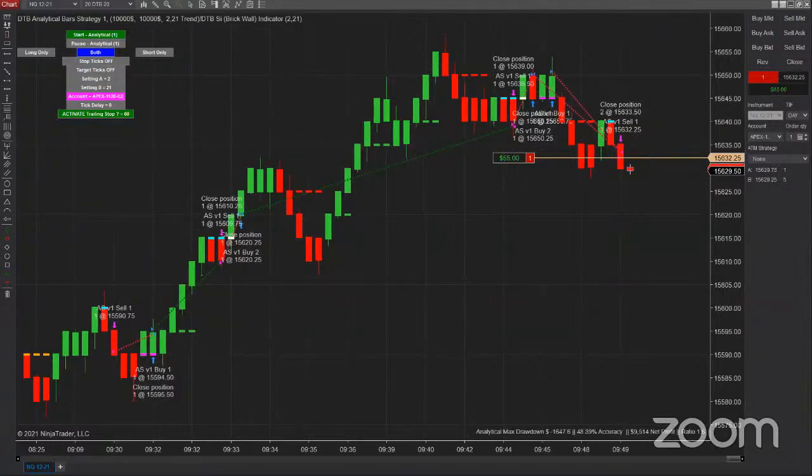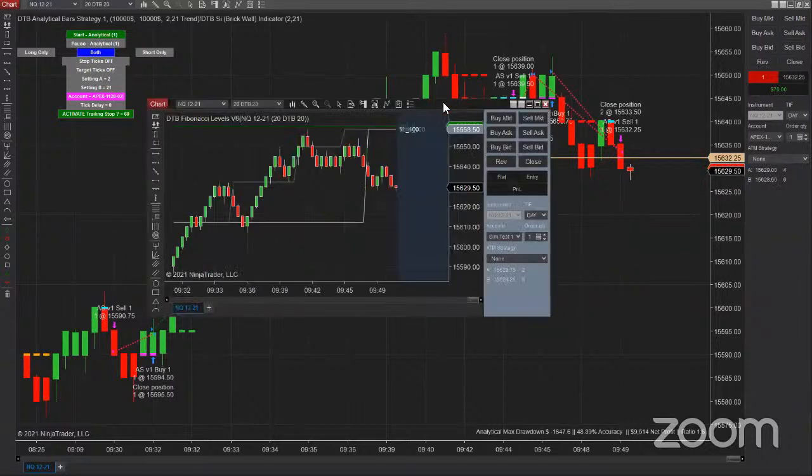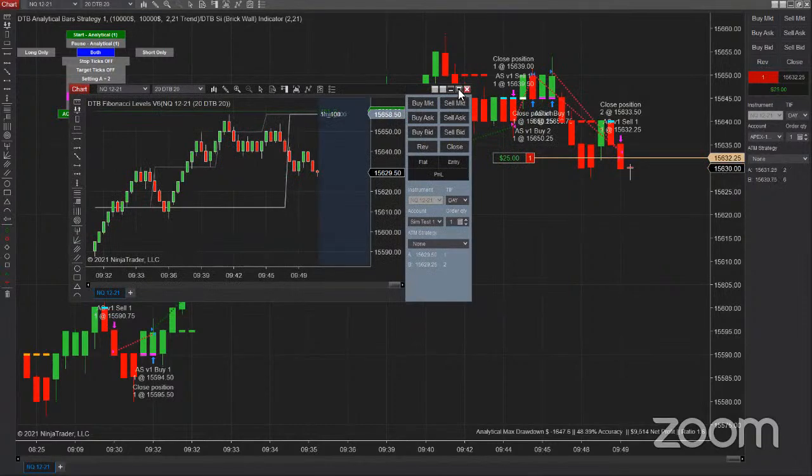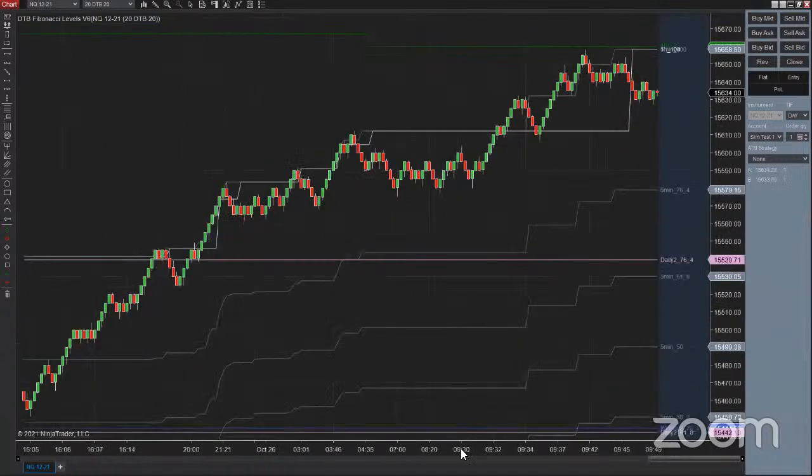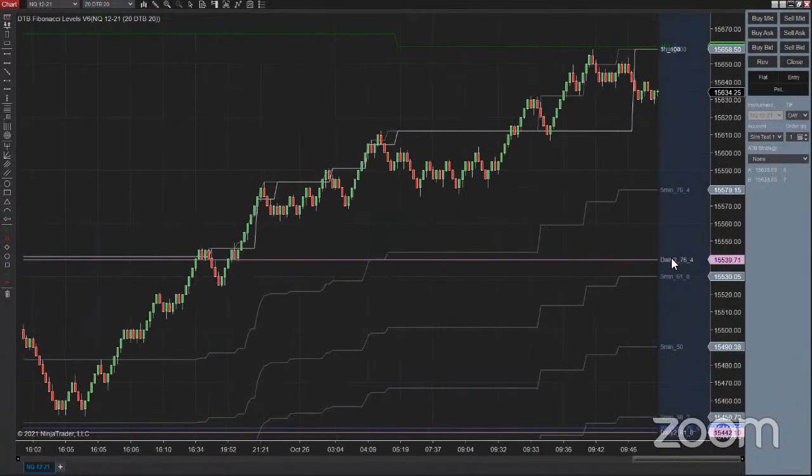So I would say this is where the price is going to go, because if we look at our Fibonacci levels over here, we actually had the price go all the way from the last level. The last strong level that it was at was the 76 on the daily. So it went right up.